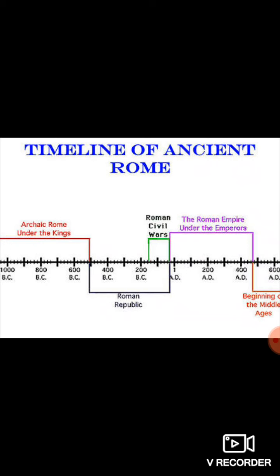It was under the kings, a phase of monarchy, which started from 753 BC to 509 BC. Then came the phase of Roman Republic from 509 BC to 27 BC. And lastly, the phase of Roman Empire from 27 BC to 476 AD, until the fall of the Western Roman Empire. After that, there was a beginning of the Middle Ages.